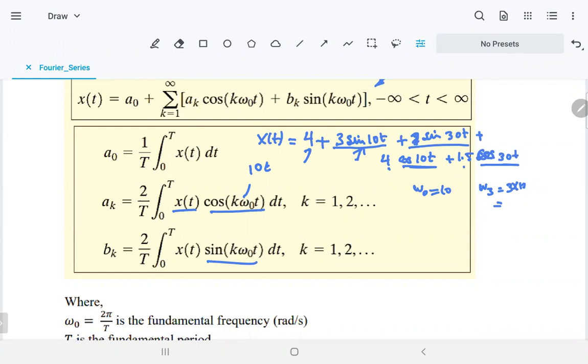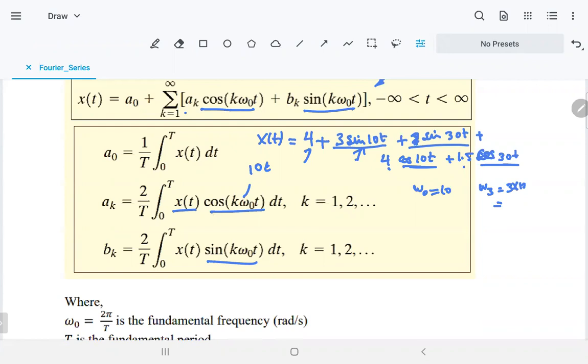So we have cosine terms and sine terms. For the cosine terms, the coefficient is called AK. For the sine terms, the coefficient is called BK. Most textbooks use this notation, A for cosine and B for sine. How do you find A? This is the integration. How do you find B? Then you plug it in and make the series. So that will be the equivalent components of the signal x of t, which is periodic.